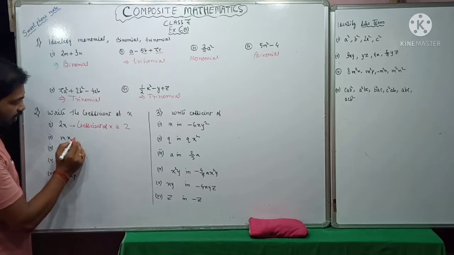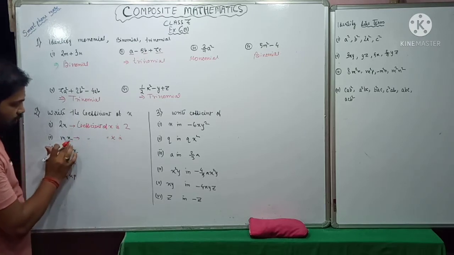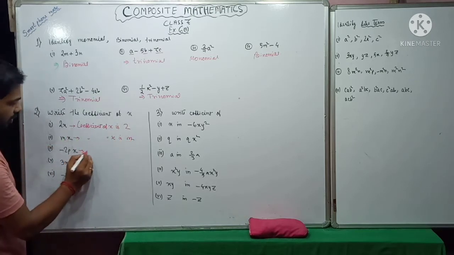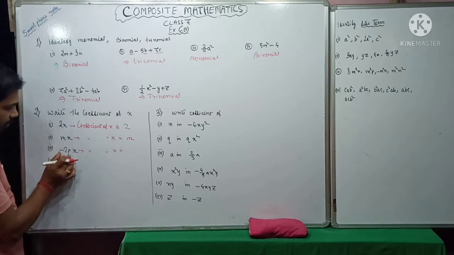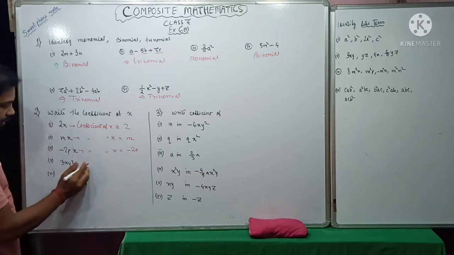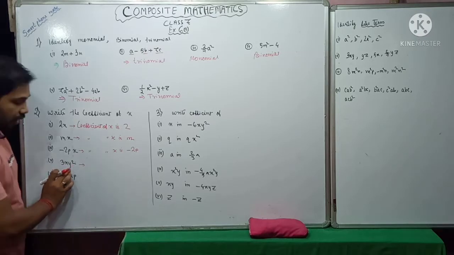Now you see here, what is the coefficient of x here? m. Here you see what is the coefficient of x? Coefficient of x is minus 2p. Now what is the coefficient of x? Here you see, apart from x, 3 and y square are present.